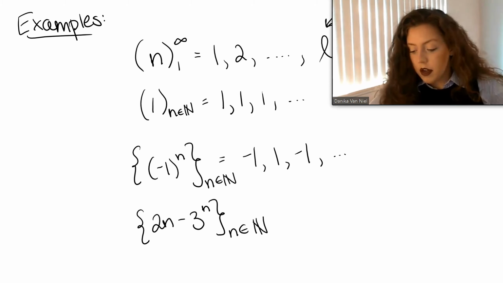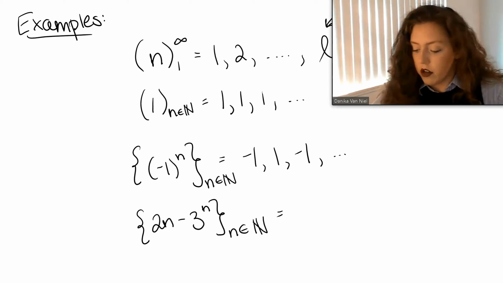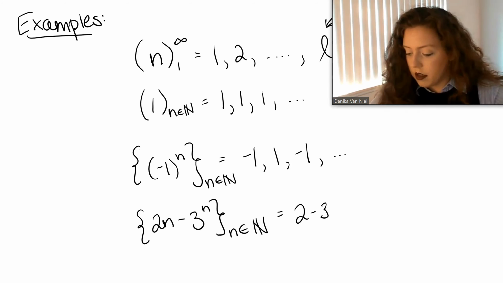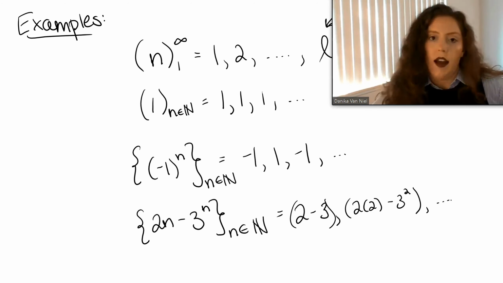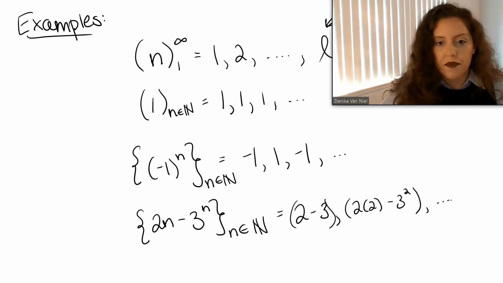For this one, our first term is 2 minus 3. Our second one is 2 times 2 minus 3 squared. On and on and on.